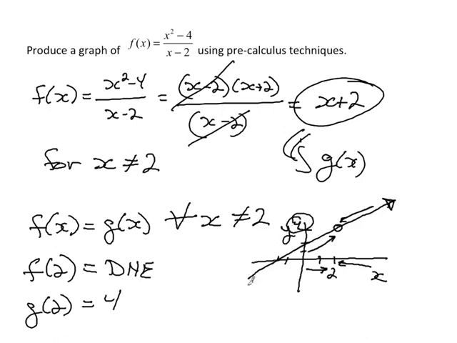So what this is actually telling me is that, going back to the limit statement, the limit as x approaches 2 of f of x is actually equal to 4. I'm getting infinitely close to 4. That's the limit. That does not mean that f of x equals 4. In this case, f of 2 is undefined. There's nothing there. There's a hole.